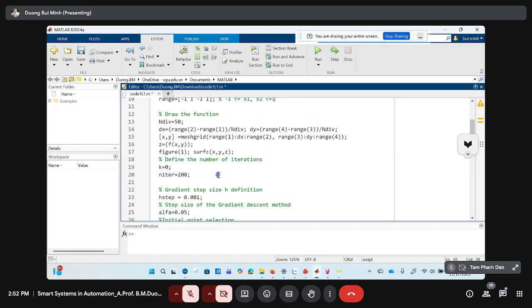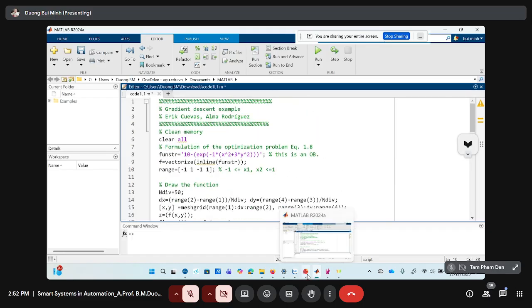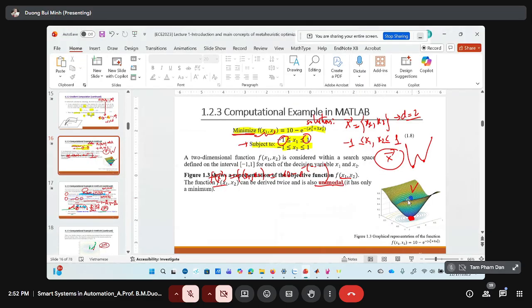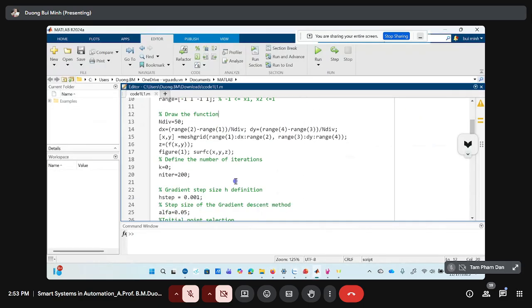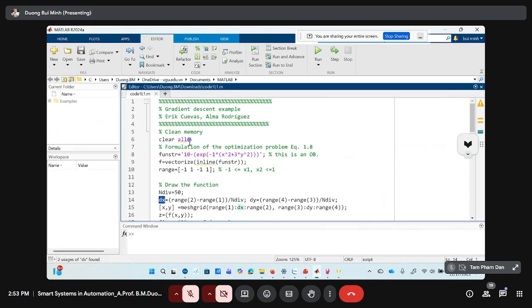And then you draw the waveform, I mean, we draw this curve. You just remember we set up the number of divisions, 50, so dx is range 2 minus range 1 over the number of divisions. How can we understand the code?